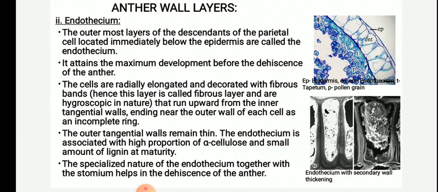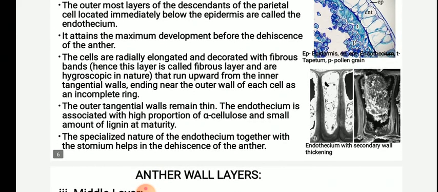Endothelium is the outermost layer of the descendants of the parietal cells, located immediately below the epidermis. So epidermis will be there from the beginning of the anther development, and endothelium is the product of the primary parietal layer.